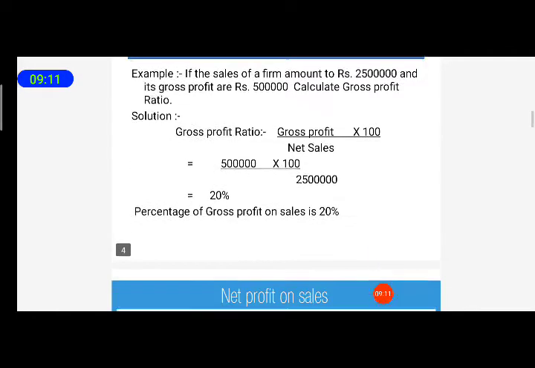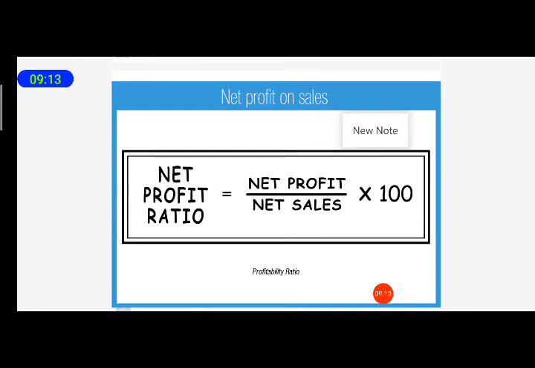Then the second ratio, net profit ratio. This ratio is very useful to the proprietors and investors because it reveals the overall profitability of the concern. This ratio is ascertained by finding the relationship between net profit and net sales.